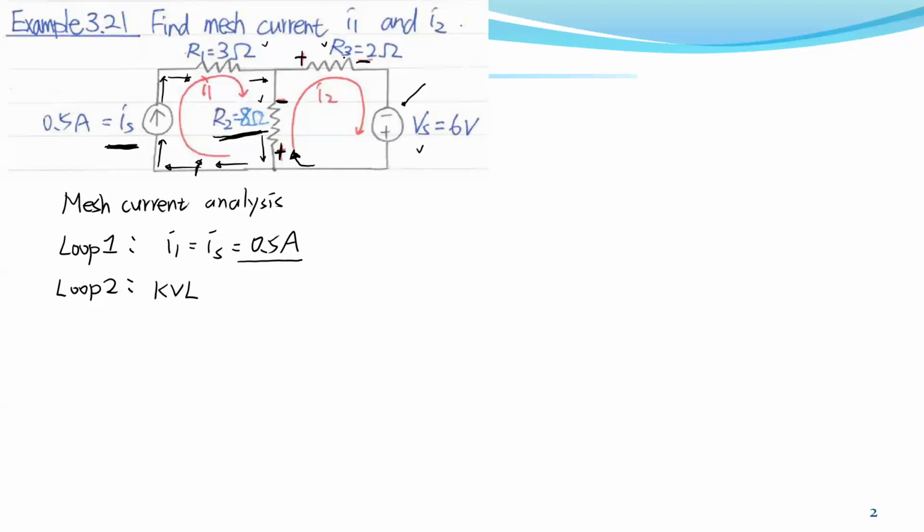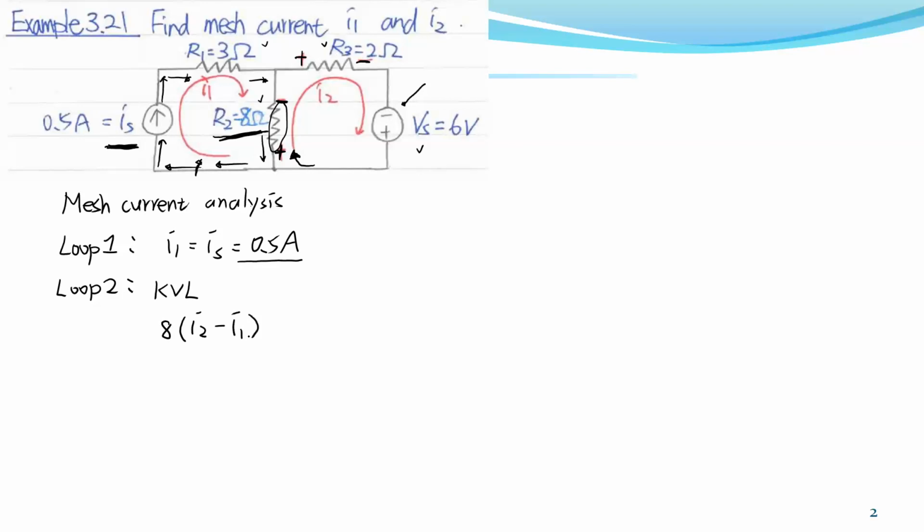So KVL at loop 2 start from here. So we meet the 8 ohm resistor. However, because I1 is in opposite direction of I2, the voltage consumed by R2 is actually 8 times I2 minus I1.